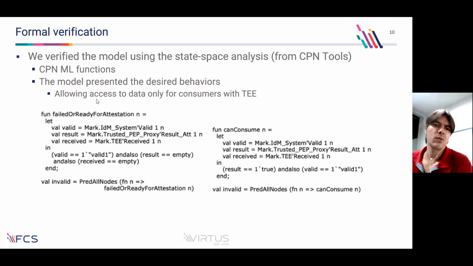That is allowing access to data only for consumers with trusted execution environments. The function on the left side verifies if a consumer that doesn't run inside a trusted execution environment would have its request denied. So this function proved that once the consumer doesn't have a trusted execution environment, it will not receive and process our sensitive data.